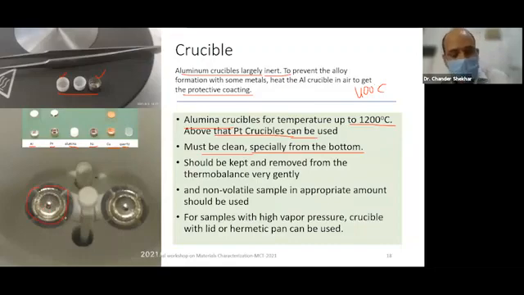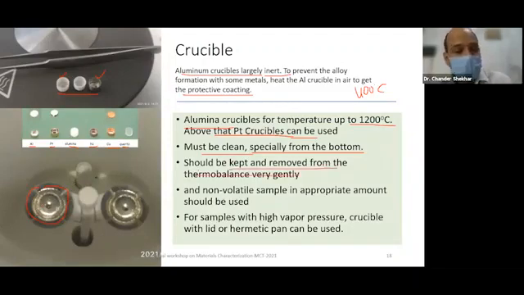If there is some sample, some residue, some impurity at the bottom of the crucible, it may get trapped onto the thermobalance, and because the thermobalance is also subjected to high temperature, there may be some reaction, some formation of unwanted residue onto the balance, which is not advisable as far as the life of the thermobalance is concerned.